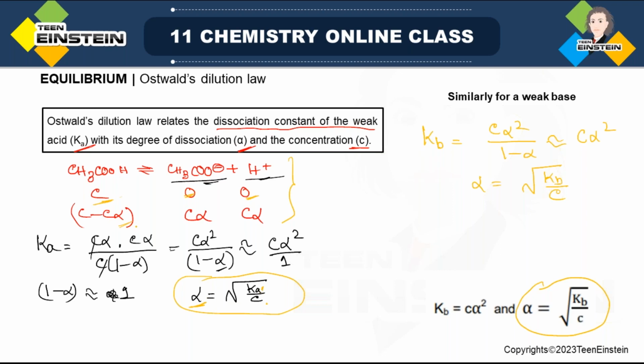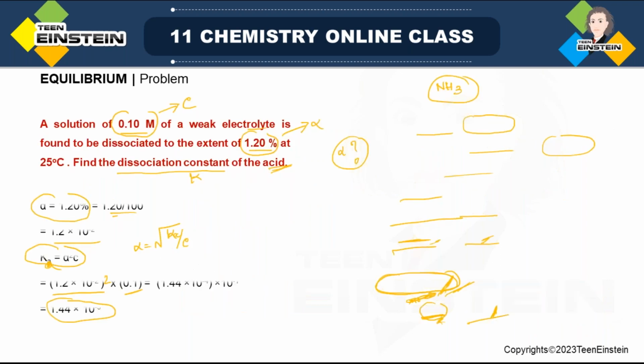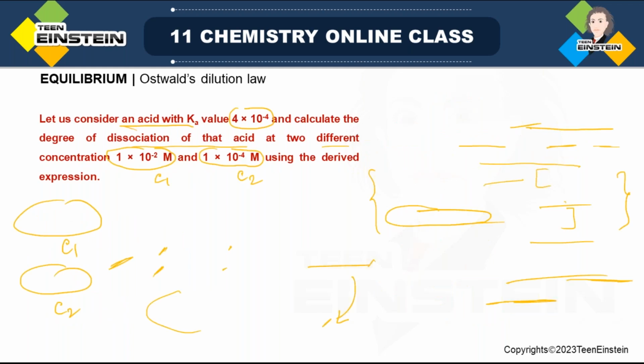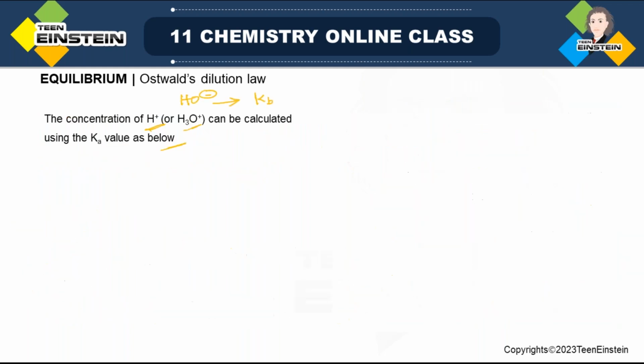When alpha fraction of C is dissociated, obviously the amount of H plus produced is C alpha. So the concentration of H plus is C alpha, provided the volume is 1 liter. If that is the case, we can also find the concentration of H plus or HO minus, and that we are going to discuss. So H plus is C alpha.